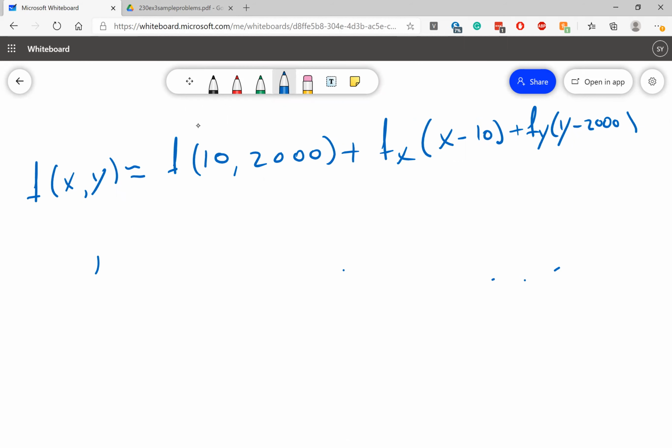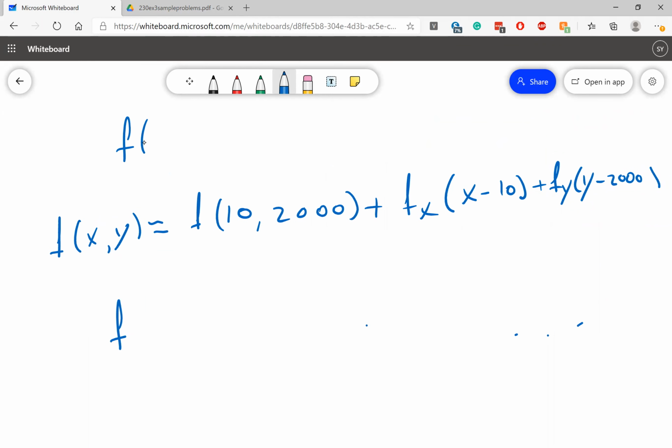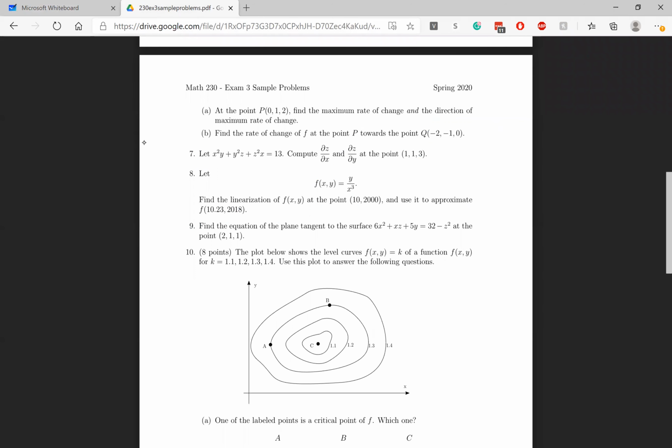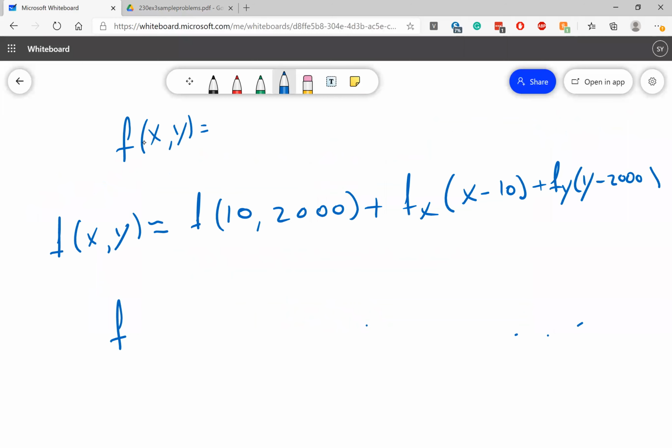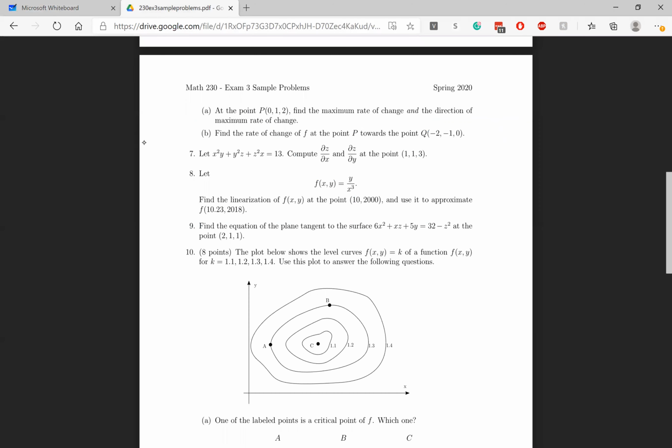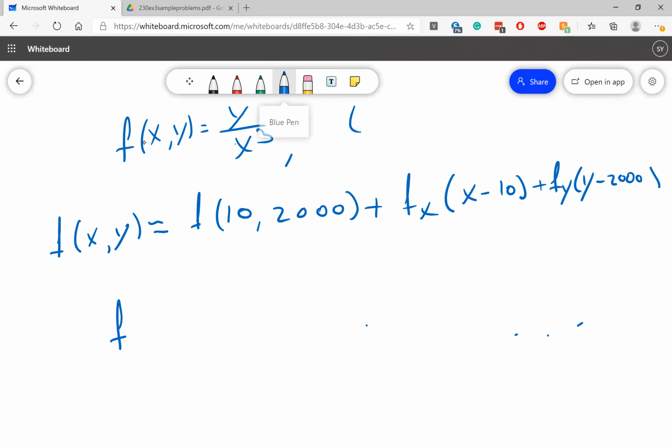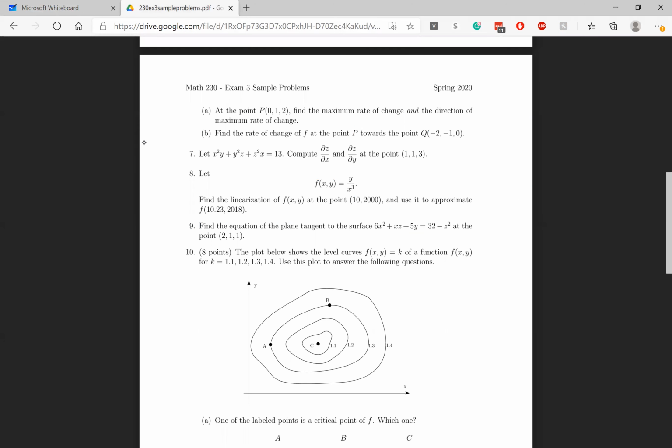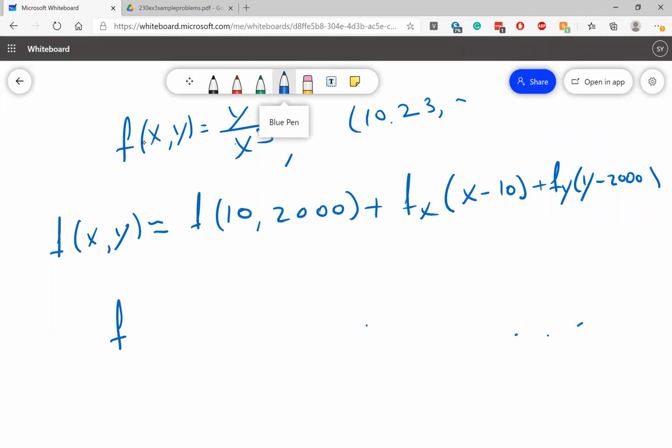So the function is y over x cubed, and the point that we're trying to approximate is (10.23, 2018).